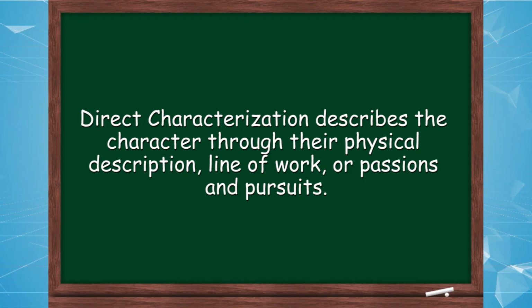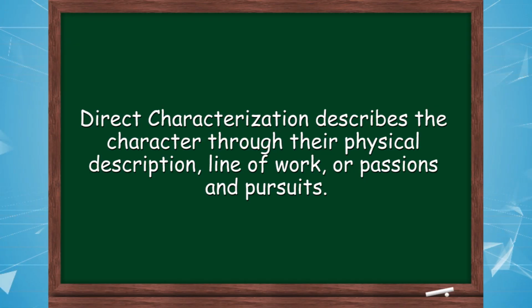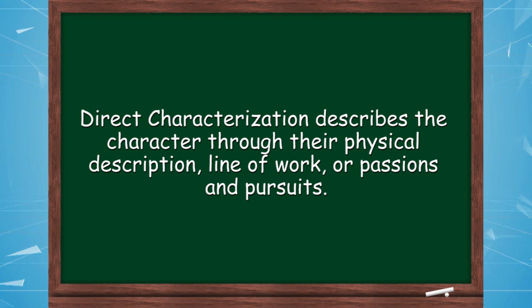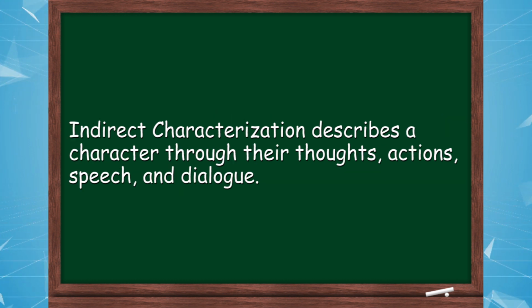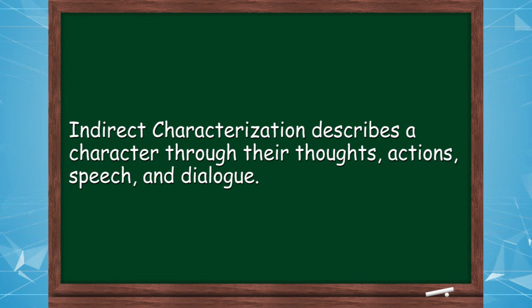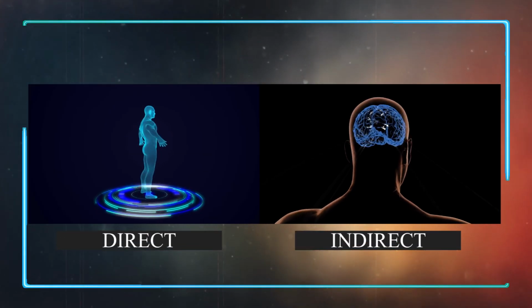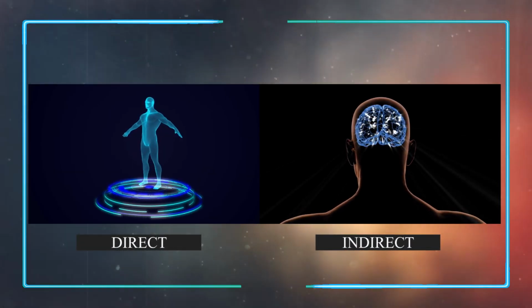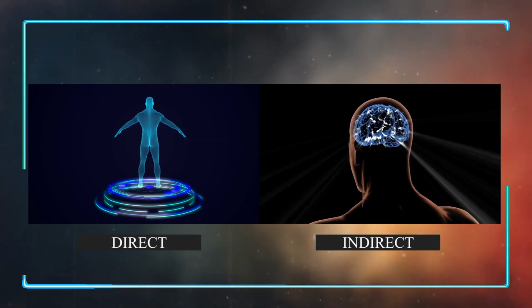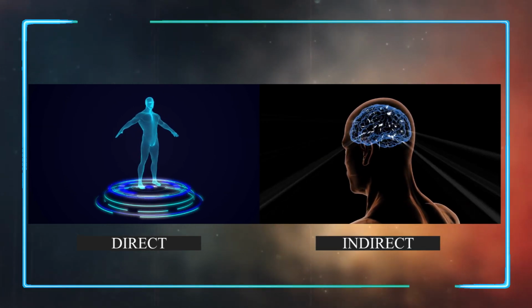Direct characterization describes the character through their physical description, line of work, or passions and pursuits, while indirect characterization describes the character through their thoughts, actions, speech, and dialogue. These two parts, direct and indirect, work together to create a complete picture of who your character is.